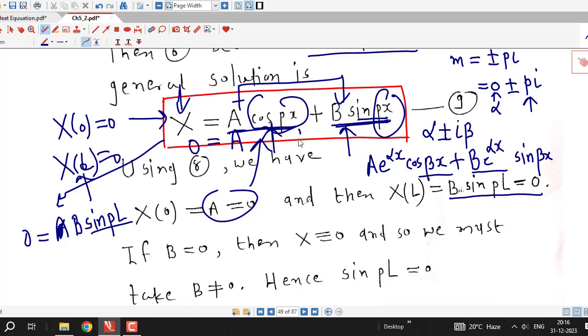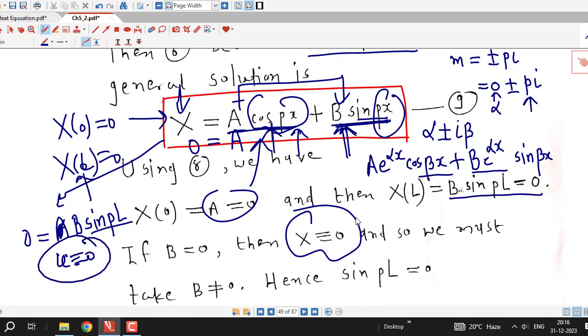Now A is already 0, and if B is 0, then we will have capital X equal to 0. And if capital X is 0, again u is identically 0. So we are not interested in that solution.